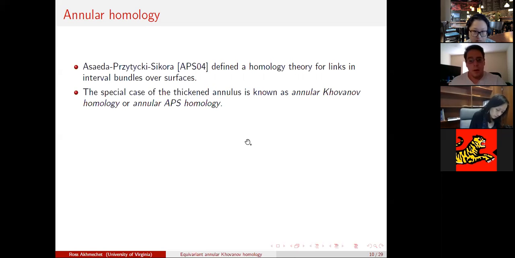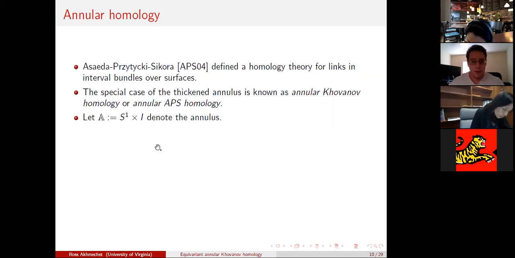Anyway, the special case of the thickened annulus, so the annulus cross an interval, is known as annular Khovanov homology or annular APS homology, sometimes sutured annular Khovanov homology. I think I'll just say annular homology. So that's kind of the subject of this talk.